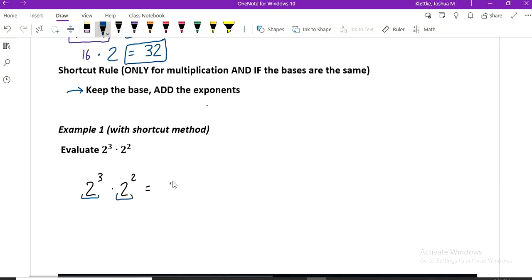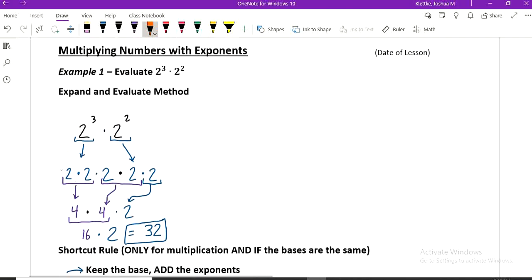We keep the base. We add the exponents. So now we'll have 2 to the fifth.